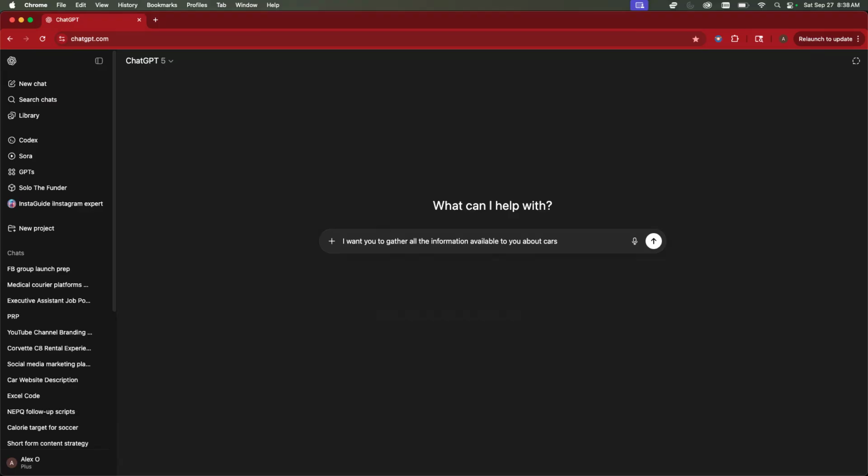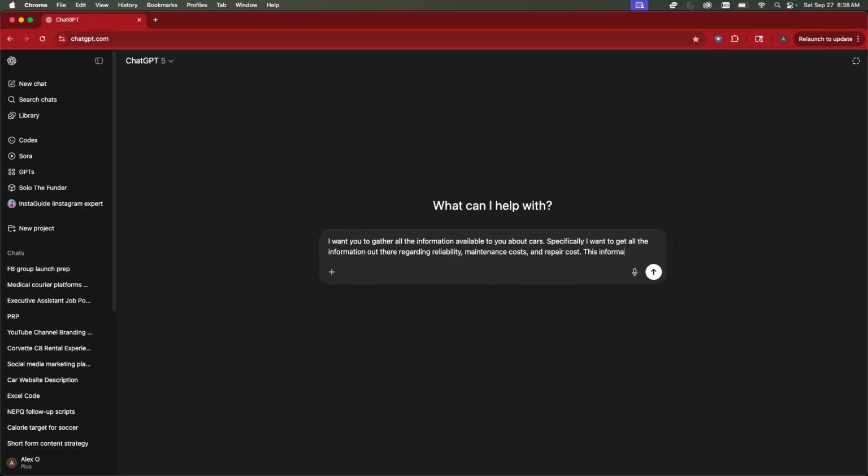about cars, full stop. Specifically, I want to get all the information out there regarding reliability, maintenance cost, and repair cost.